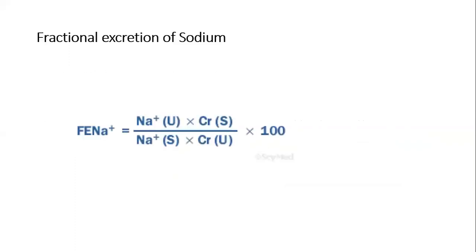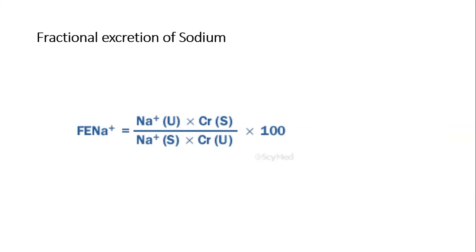So why do we calculate fractional excretion of sodium? We are looking at the capacity of the kidney to reabsorb and filter out sodium, right? The normal range for the fractional excretion of sodium is 1 to 2%. 1 to 2% of the sodium that is coming into the kidney should be filtered out in the urine.